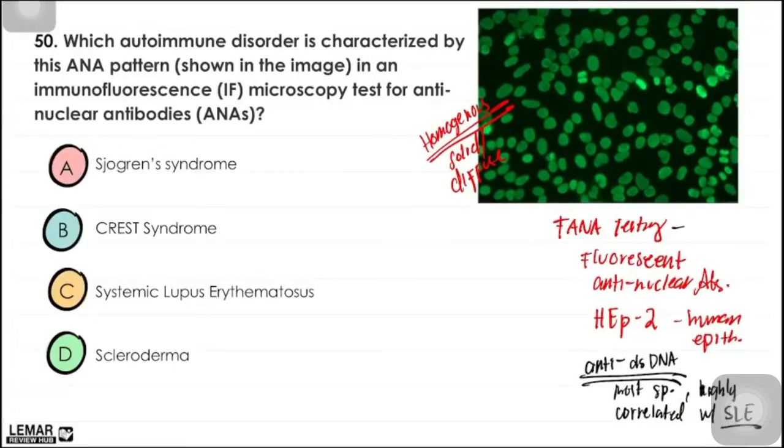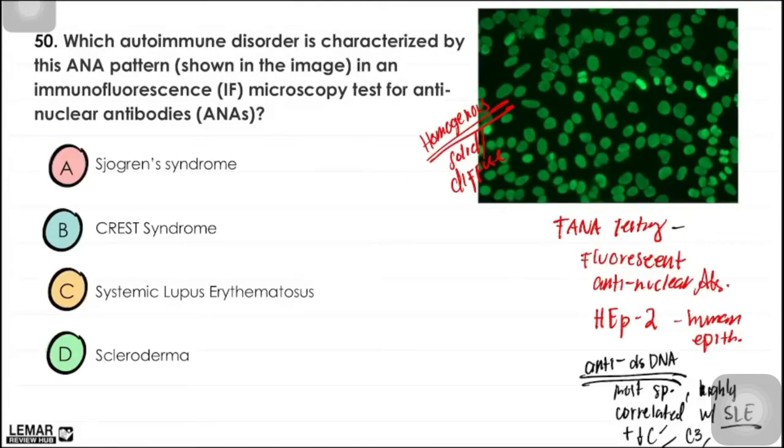It suggests the diagnosis if this is found as a pattern in ANA staining, and it also determines that the present autoantibody is anti-dsDNA, alongside low levels of complement, particularly C3 molecules.